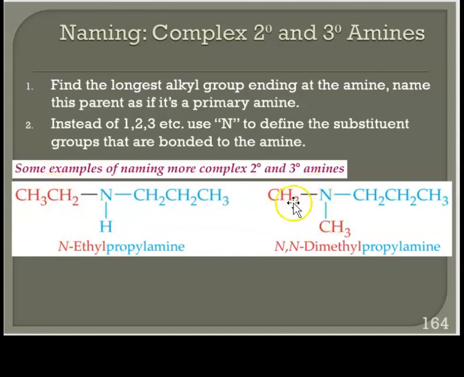And here these are two substituents, so it's N,N, just like you might write 1,1-dimethyl, but instead it's not on a 1 carbon, it's on the N, right? It's on the amine. So N,N-dimethyl, and this is the long chain, so it's a propylamine functional group. Again, you don't have to memorize this, but if you see these kinds of words, it shouldn't throw you off and send you into panic, right? It just tells you where that substituent group is attached.